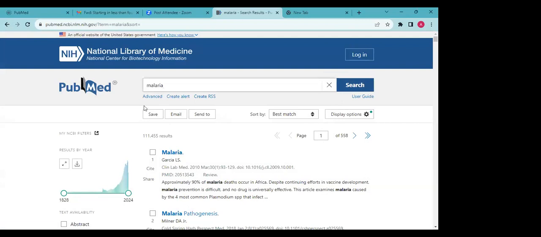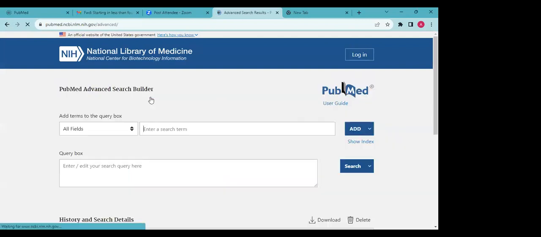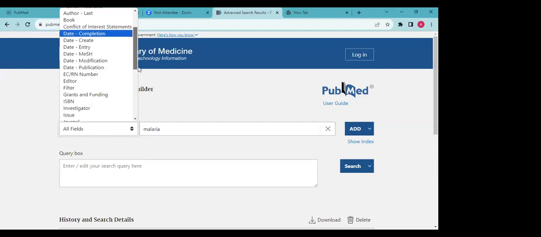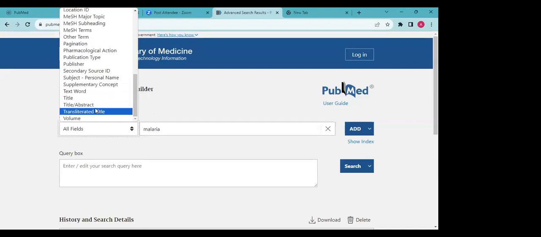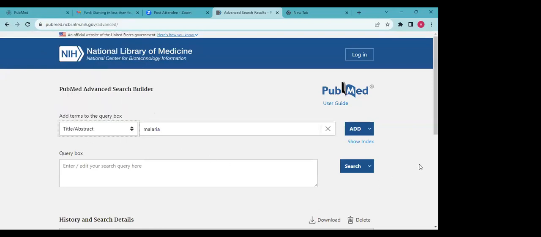I'm going to go back and I now restrict the word malaria. The word malaria should appear only in the title or abstract. I need you to see what I'm doing. I'm going to change from all fields and I select title or abstract. Do you see it? And I'm going to run the search again. I want us to see the difference.